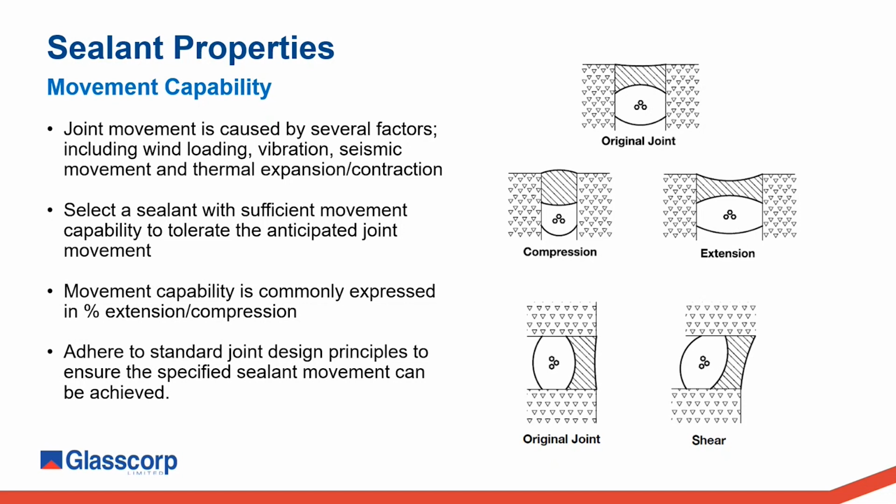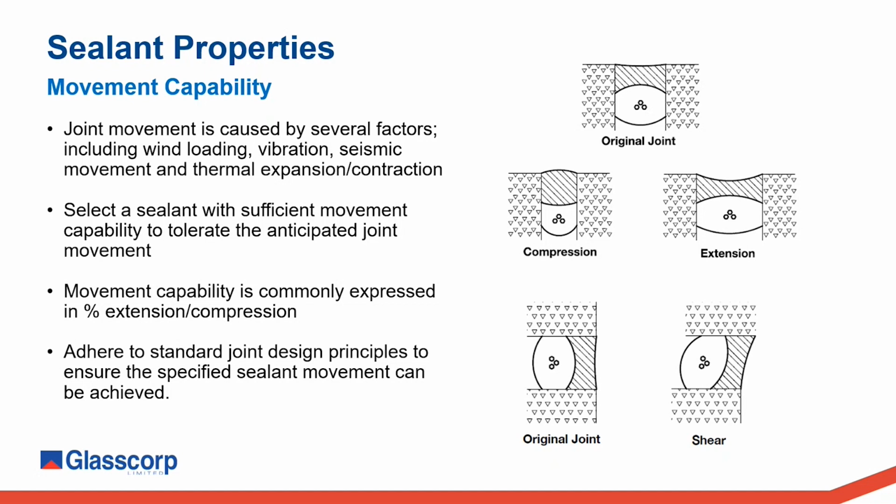The application, substrates you're working with, and location where the sealant is being installed will all have an effect on the movement you need to design for. Obviously, an external expansion joint will require much more movement than an adhesive sealant being used to fix a mirror, for example.